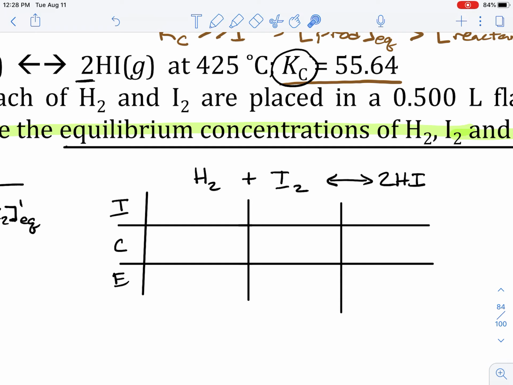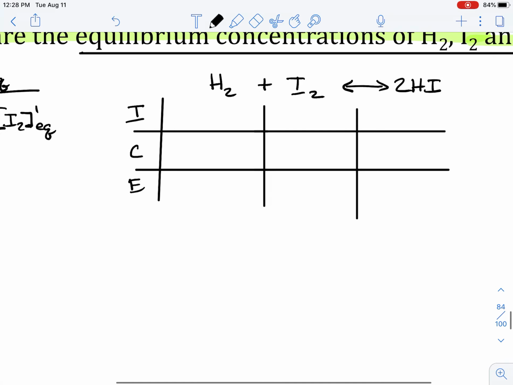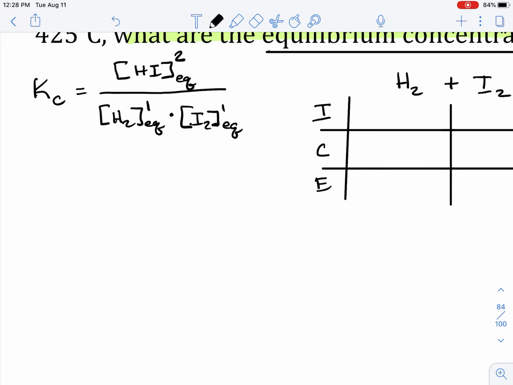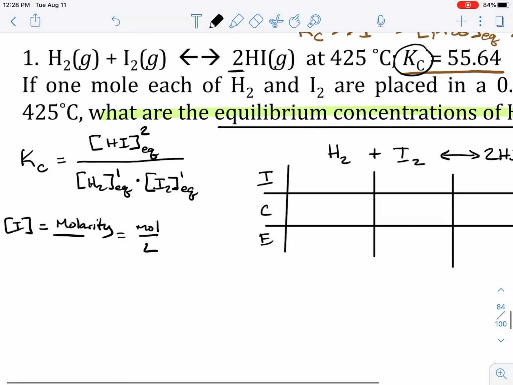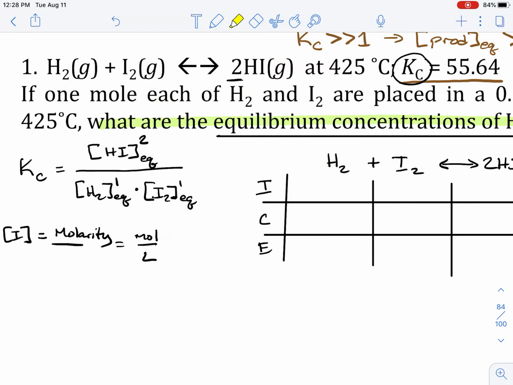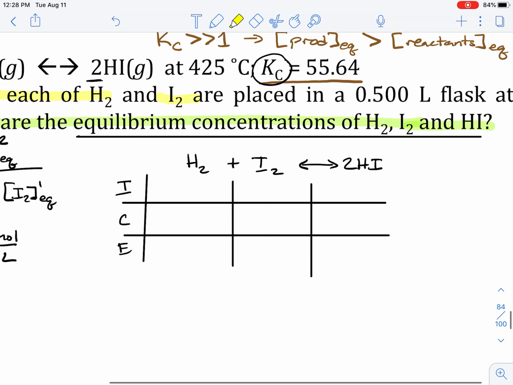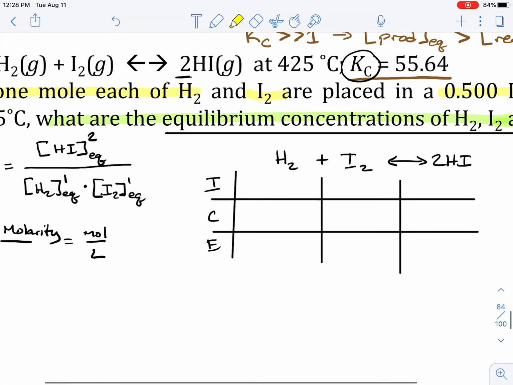And so if you recall I, it's representing the initial concentration. Since I is representing the initial concentration, it needs to be in units of molarity. And we know the molarity is moles per liter. And so if you read through the problem, notice that we have 1 mole of H2 and 1 mole of I2, and it's placed in a half a liter flask.